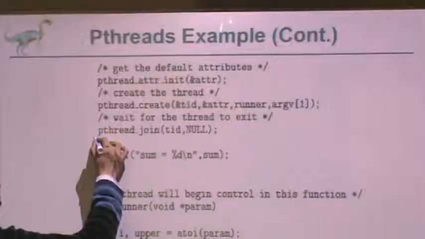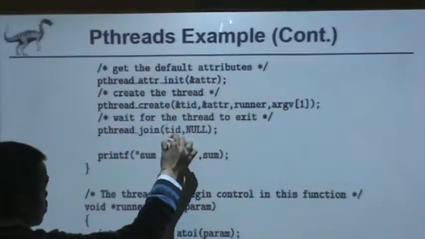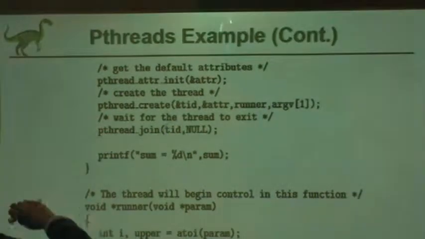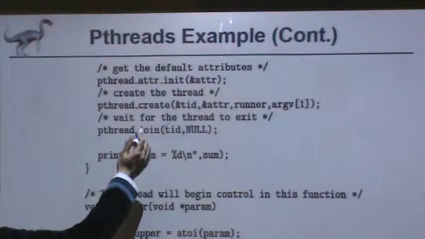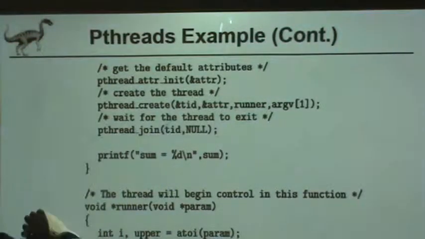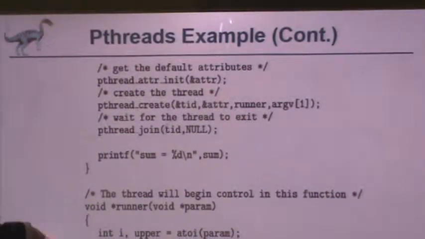We call this method join. We give the child thread ID, which tells the parent thread that I'm done, I'm ready. So the main thread can continue running its program.